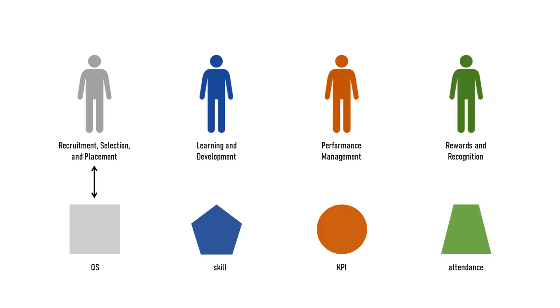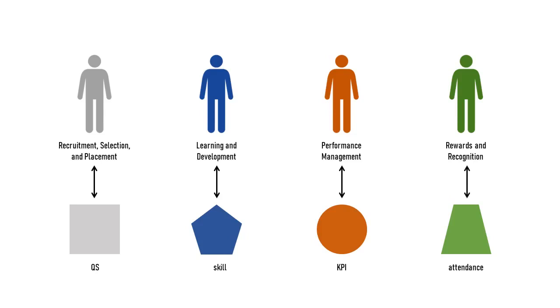And then for the learning and development, when we need some skills from the employee, we have this set of skills that are required for the learning and development. Then for the performance management, we can have some key performance indicators. That's how we measure the performance of an employee.